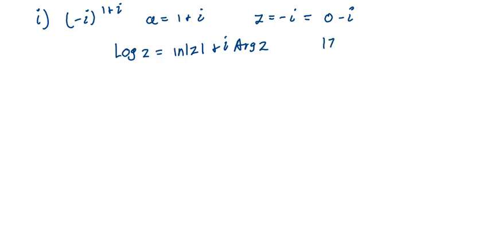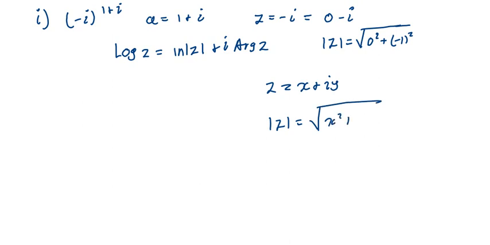So the magnitude of z is equal to the square root of 0 squared plus minus 1 squared, which is the coefficient of i, because z is given as x plus iy as a complex number. The magnitude is the square root of x squared plus y squared, of which our y is the coefficient of i. So in this case, we're just going to end up with a 1.